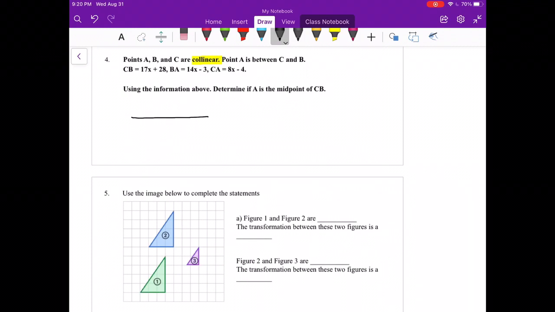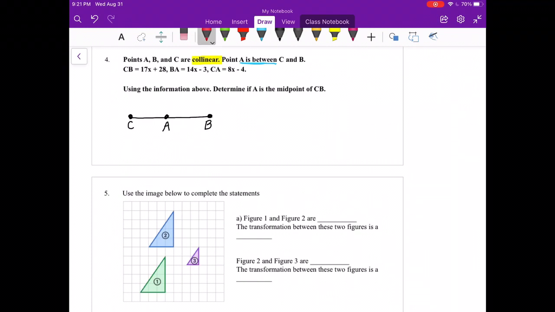So we need to draw a line with 3 distinct points on it. This next sentence is key because it says point A is in between point C and B. That means that we're going to write point A in the middle of our segment with C and B on the opposite sides.